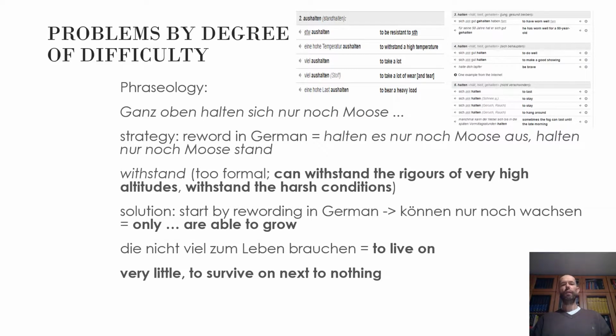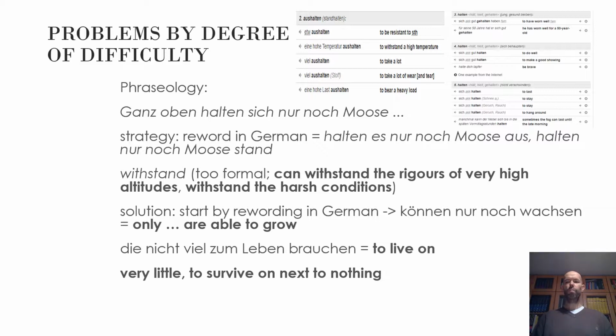So what we'll have to do is reword the German sentence, and we could come up with something like "halten es nur noch Moose aus da oben", or "halten nur noch Moose stand". And then if we consult the dictionary again, we'd find something like "aushalten", to withstand a high temperature, for instance, "eine hohe Temperatur aushalten".